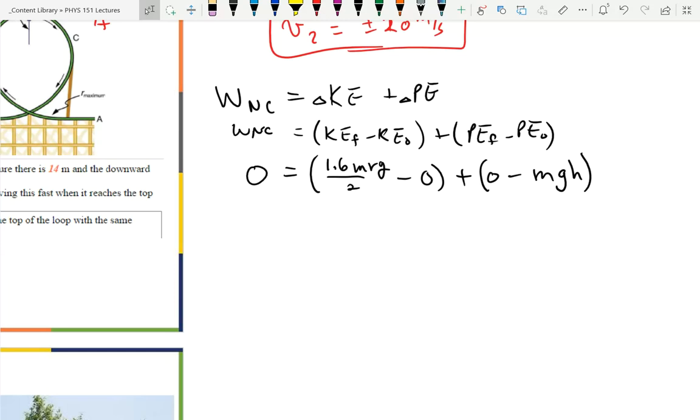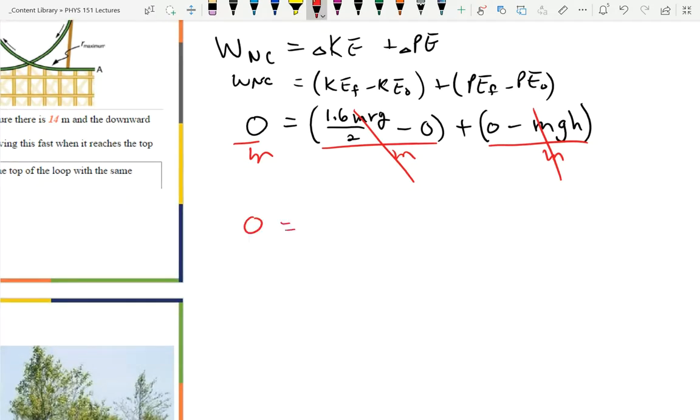Notice David asked, what is the mass? And I said, it's not important. And so what I have is 0 equals 1.6 over 2. Quick, what's 1.6 over 2? 0.8 Rg minus gh.